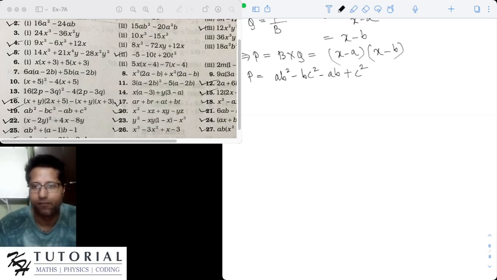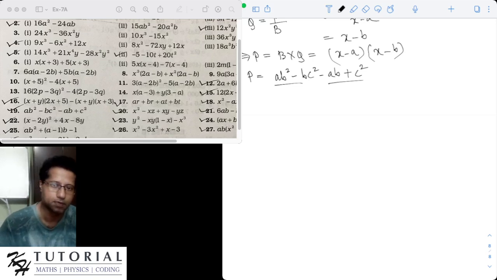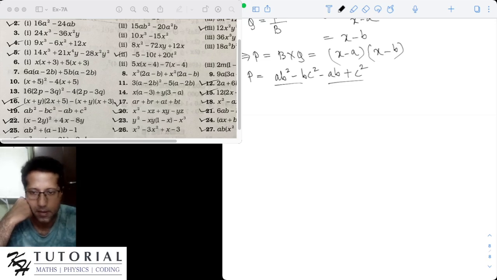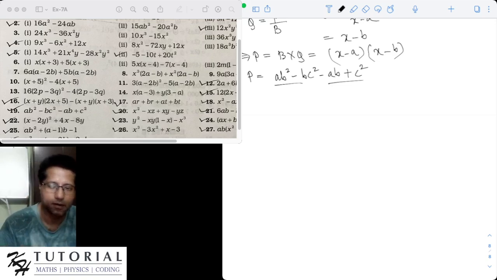If we can group some terms so that each group will have a common factor. Now, if we form a group like this, from the first group we can take out b as a common factor, and I will get b into ab minus c. But from the second group, ab plus c square, we will not get any common factor.